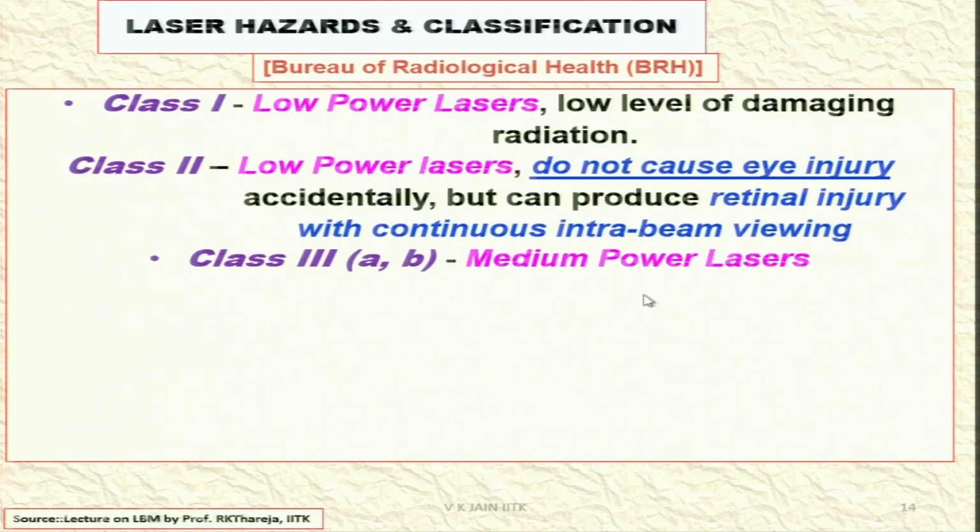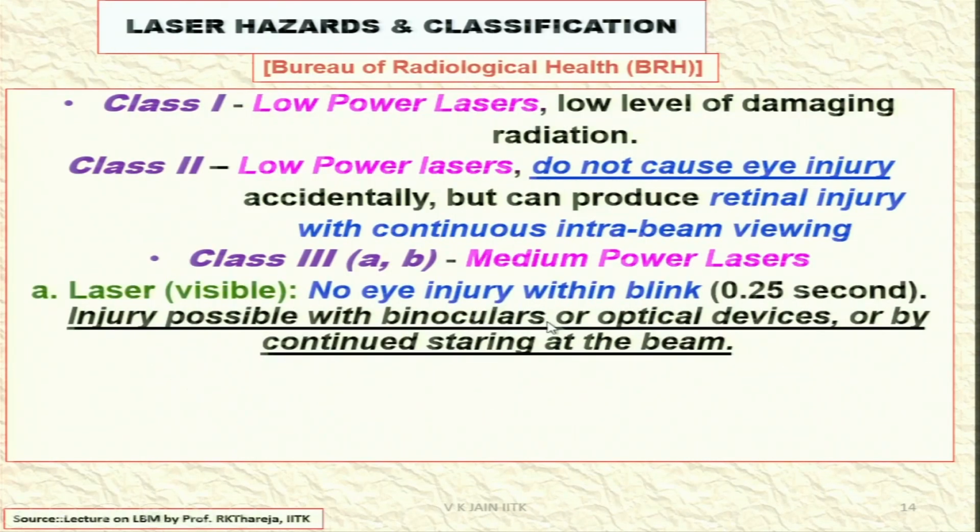Class 3A and B: medium power lasers. A: visible laser is visible, no eye injury within a blink, 0.25 seconds. Injury is possible with binocular or optical devices or by continuous staring at the beam, and this is not required.